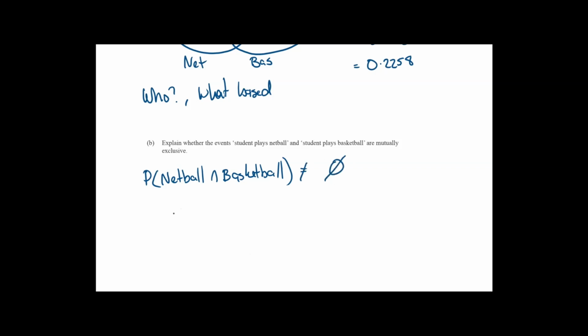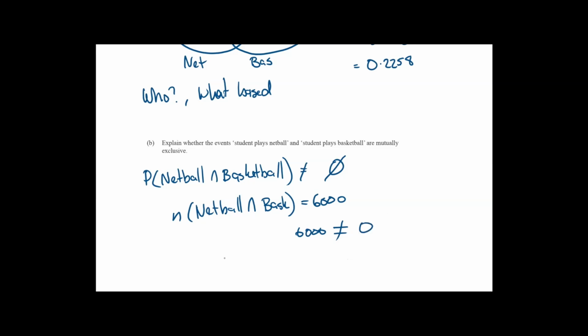The number of people that meet that criteria, netball and basketball, equals 6,000. 6,000, if I'm going to shatter any mathematical problems here, does not equal 0.